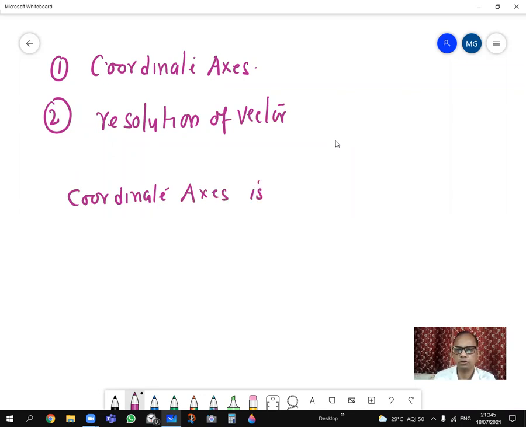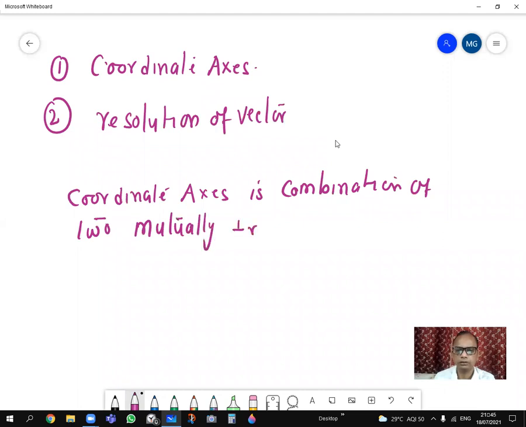is combination of two mutually perpendicular lines. And how we must choose? There is a simple rule. First axis is x-axis. You can give any name. Let me give x-axis.